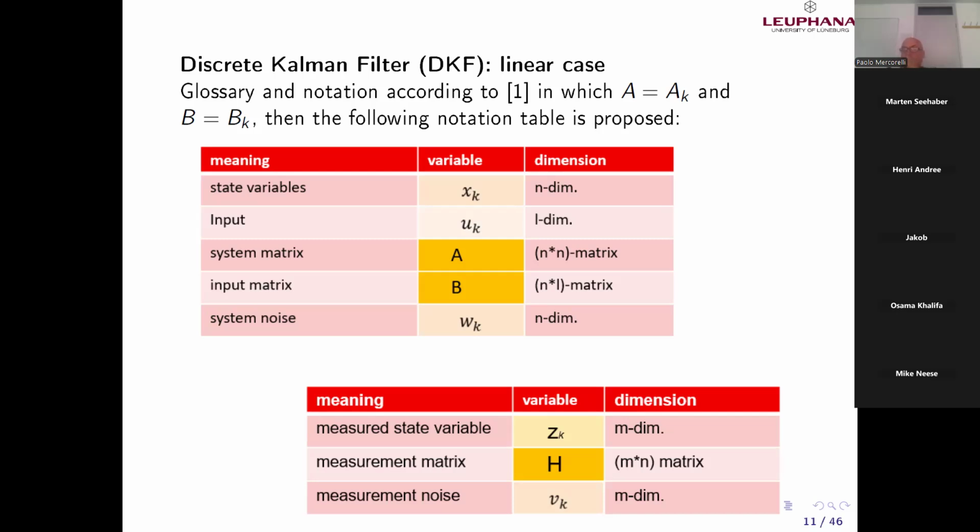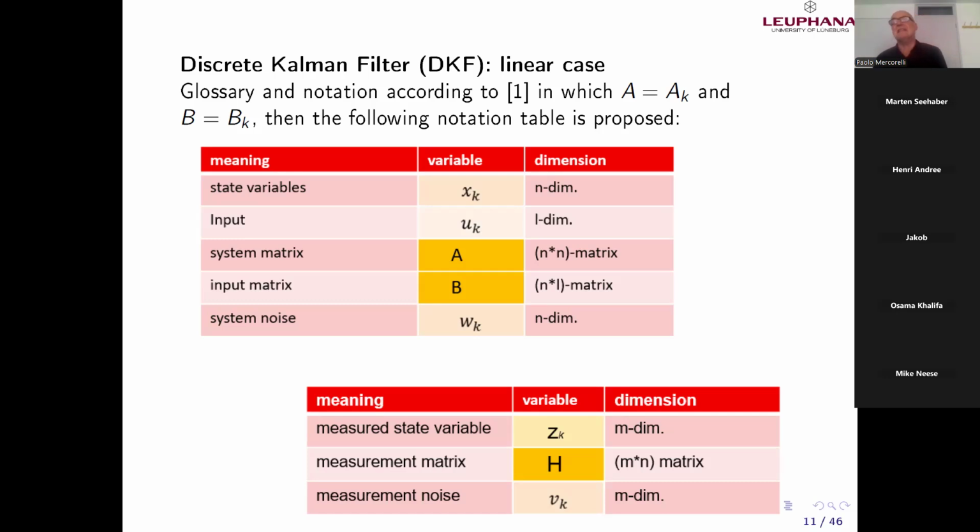What about the input u? At this moment, for the sake of brevity, we considered just one input. But of course, systems can consist of many inputs. It's already complicated with one input.